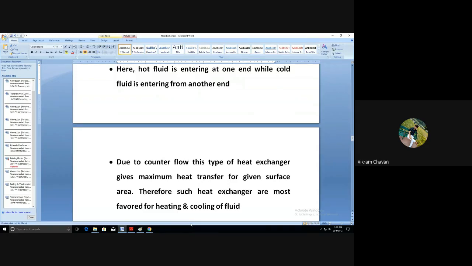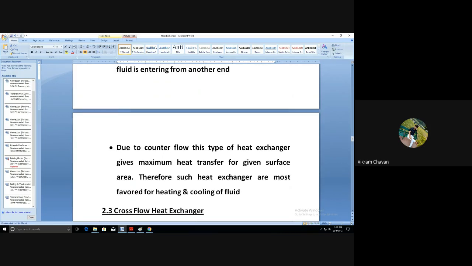Full stop. Therefore, such heat exchangers are most favored for heating and cooling of a fluid.